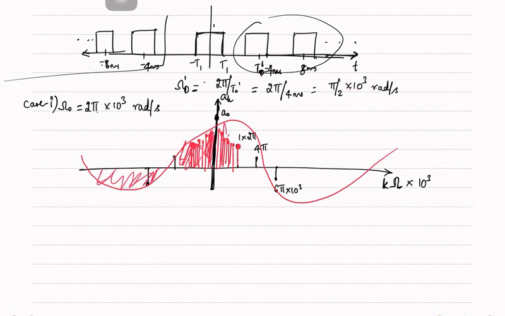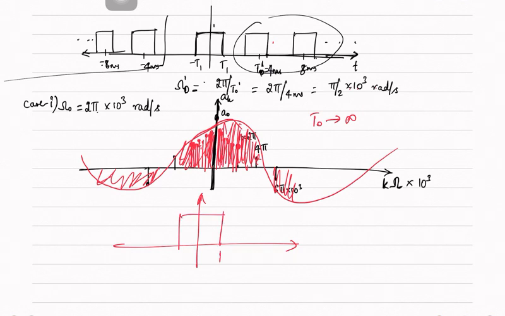In the limit, all the intermediate lines will be covered up. This is what happens when T0 tends to infinity. The signal will become aperiodic, so what you see in the window is only this.